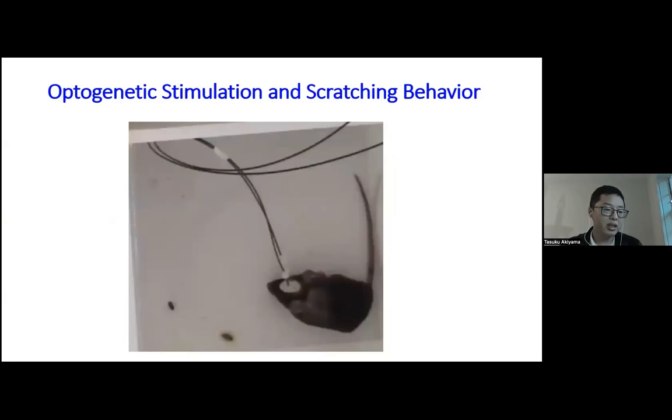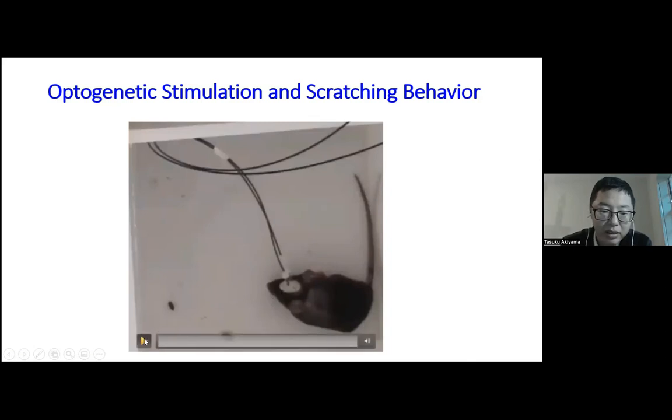Next, we tested the itch behavior using the trapped mice. Here's a sample video. This mouse has a wire connected to the light source, and we implanted the optic fiber on the mouse head.